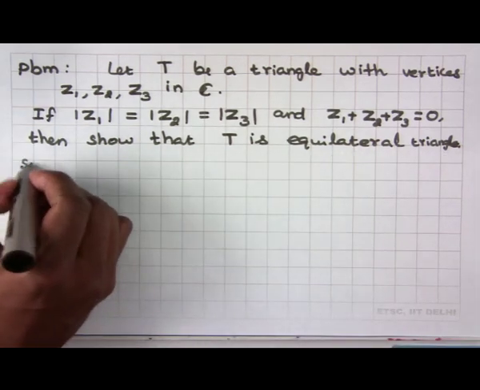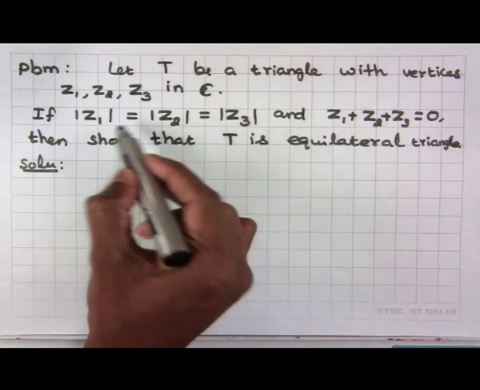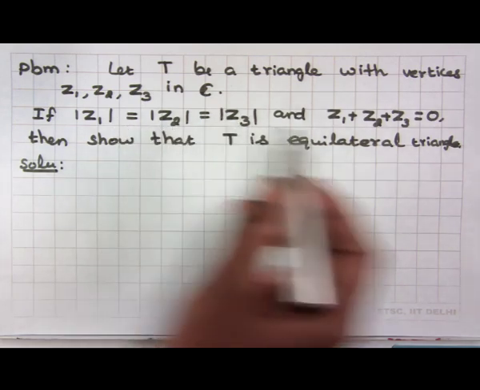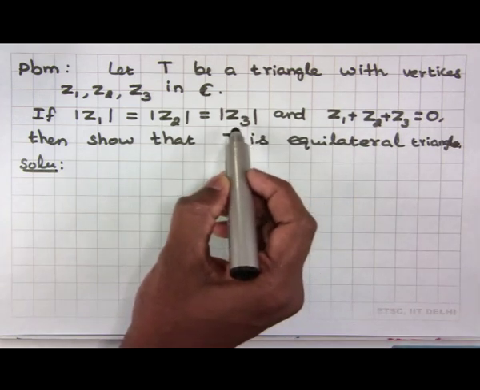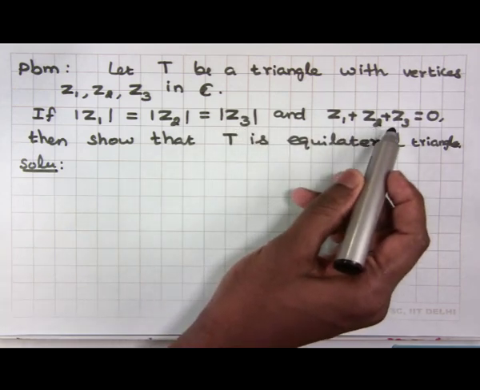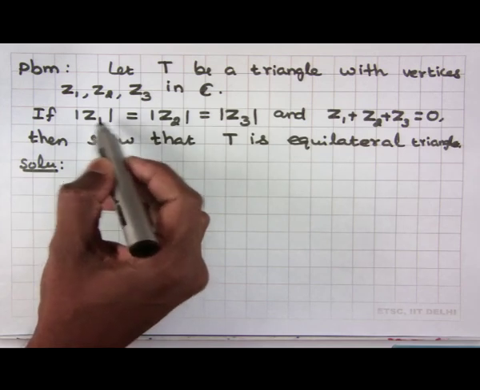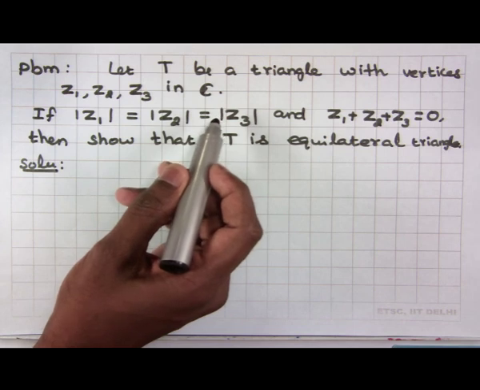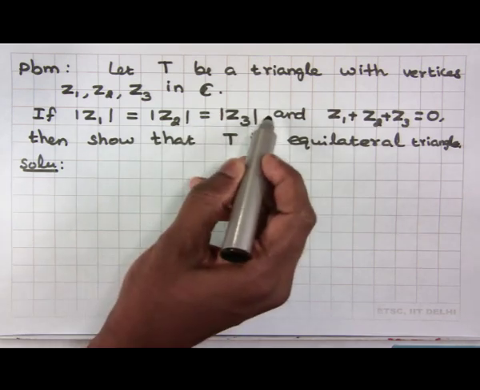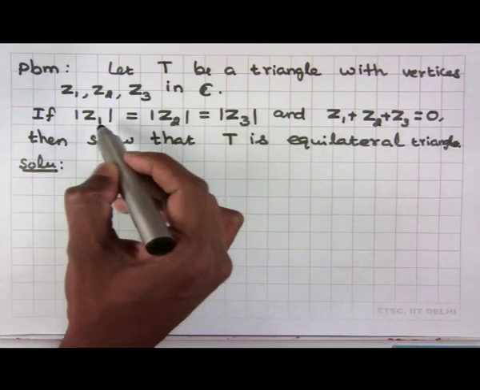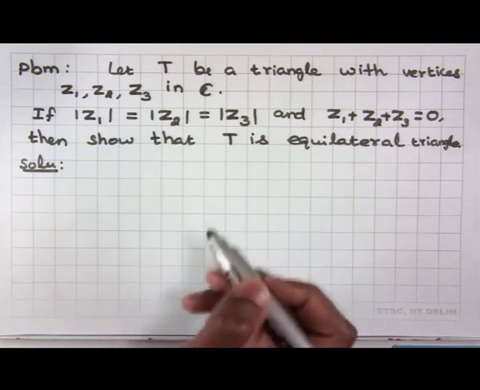So, what is given to us is 3 vertices with equal magnitudes and their sum is 0, which is almost like the cube root of unity property. But what we know is that for the cube roots of unity, their modulus are equal, which is 1, but here it is only given that the modulus are equal, and we do not know whether they lie on the unit circle or on a bigger circle.